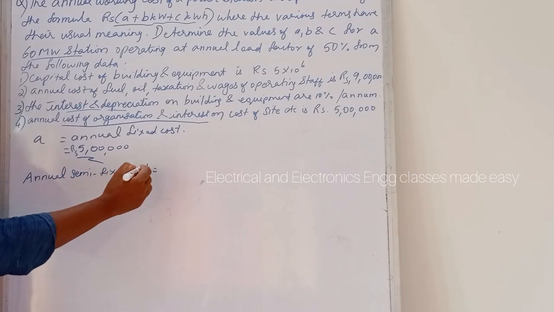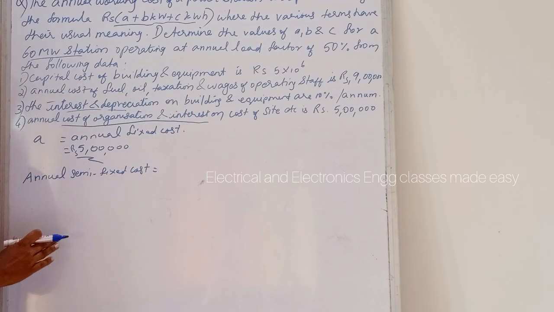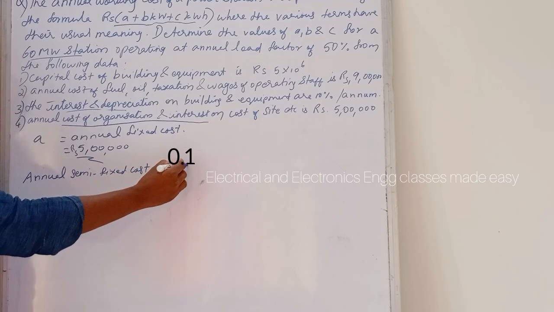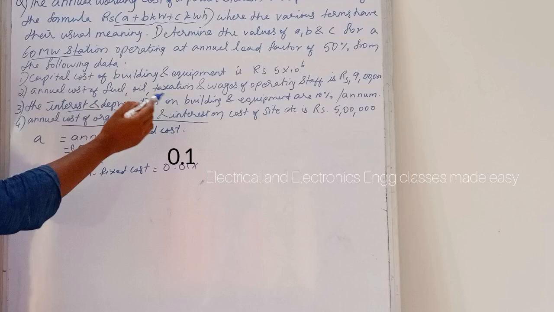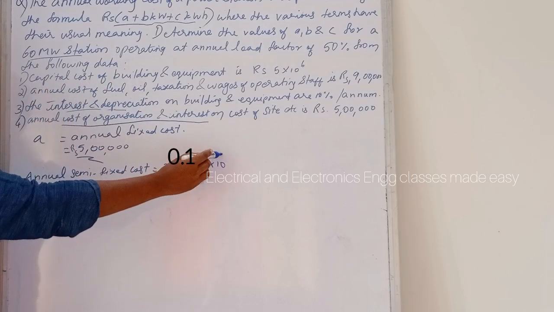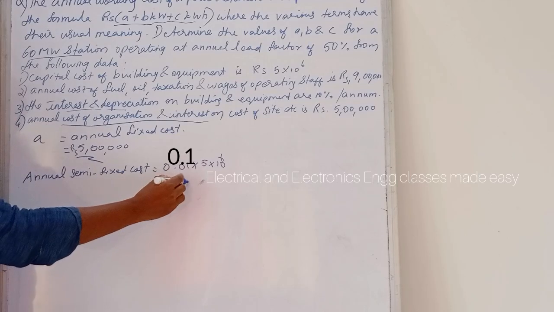It is given that it is 10% per annum, so it is 0.1 of the capital cost, that is 5 into 10 raised to 6. So we will get 5 lakh.